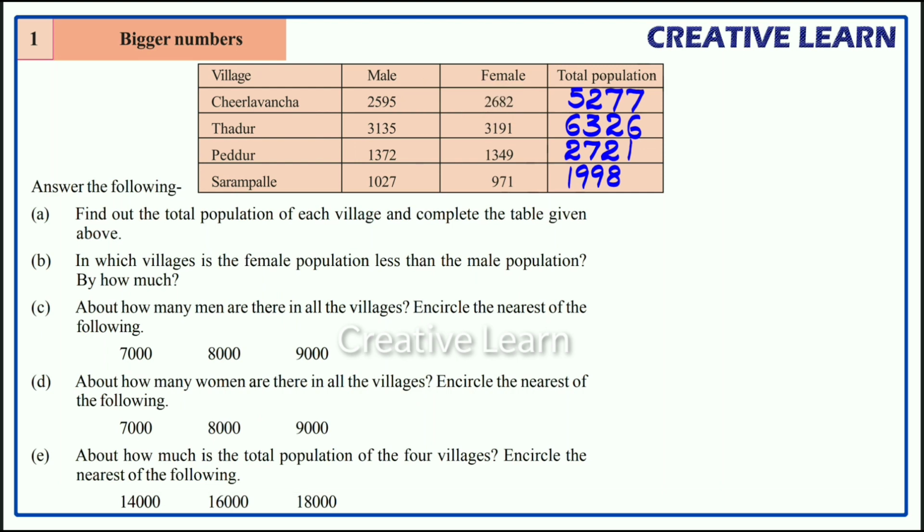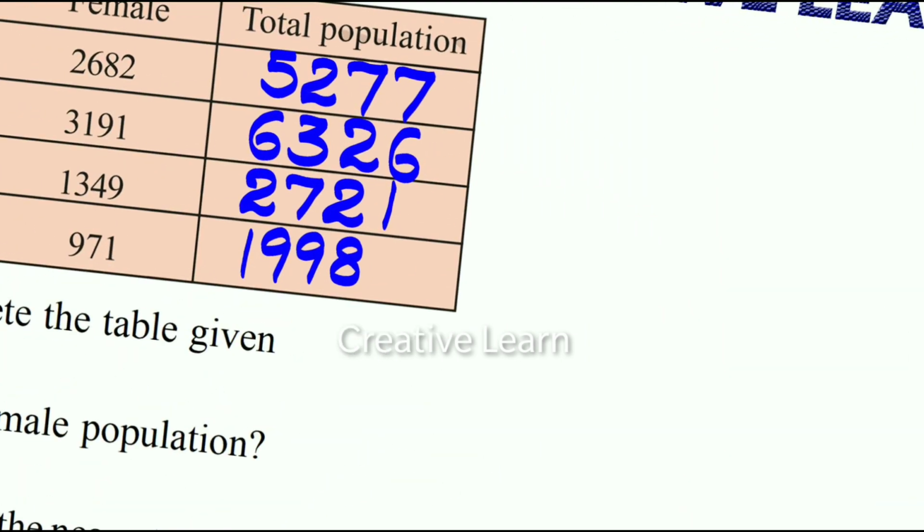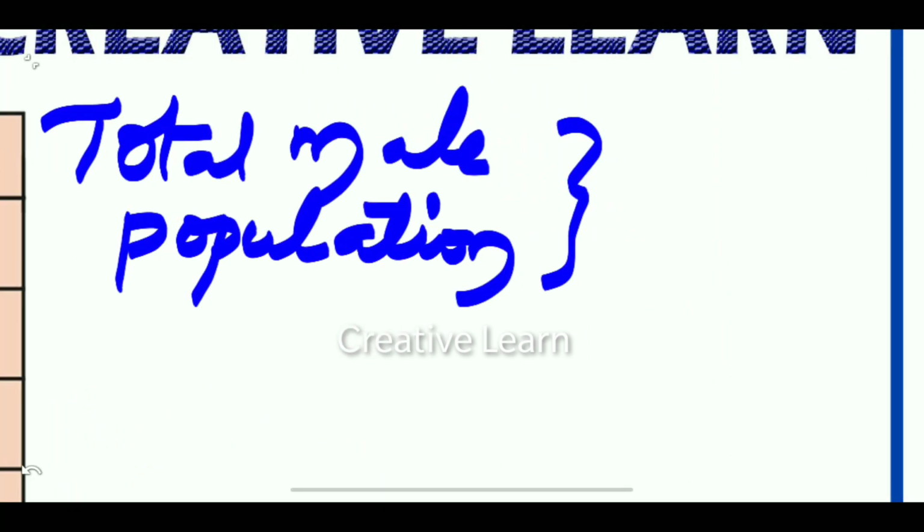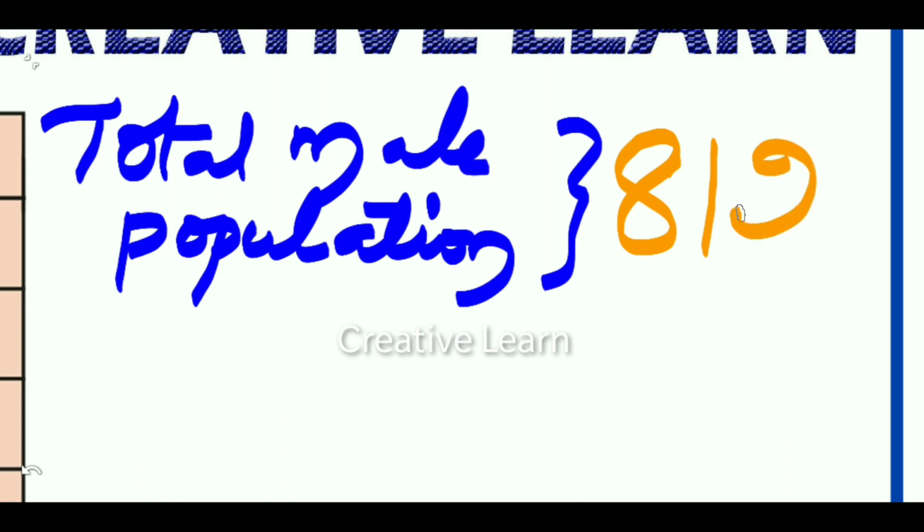Let's find the total male population from 4 villages and the total female population from 4 villages. Let's write here the total male population from 4 villages. What is the total male population? This one also we did already in the previous video. That is 8129.